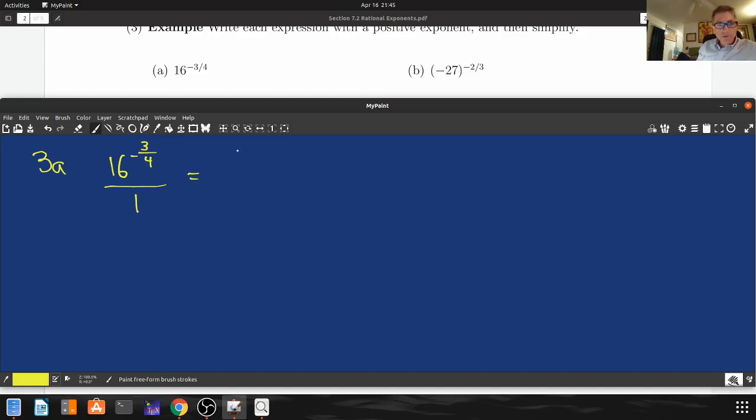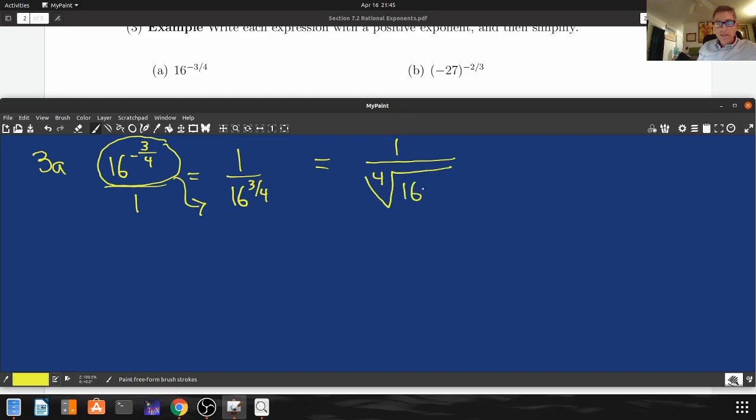So I'm going to move the 16 raised to the minus exponent under the division line. And the price to be paid is that the exponent changes sign. And of course, when you move it, it's replaced by a 1, not a 0.